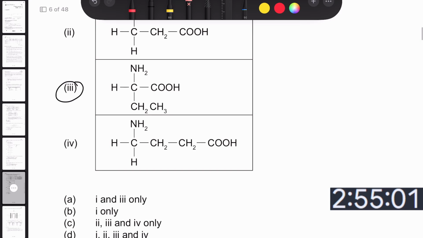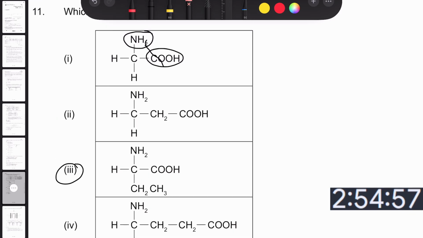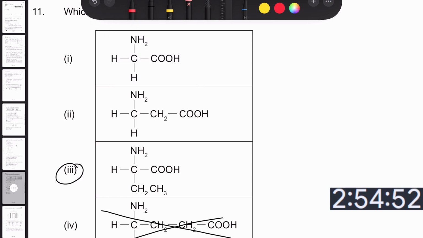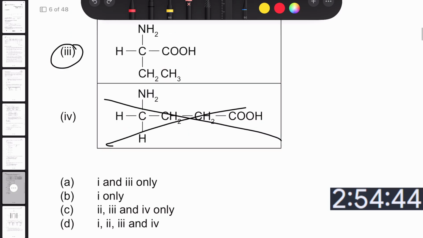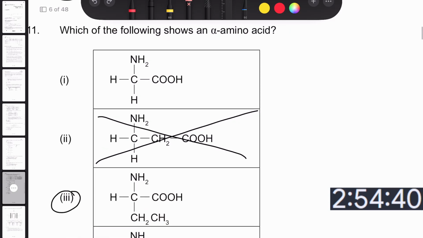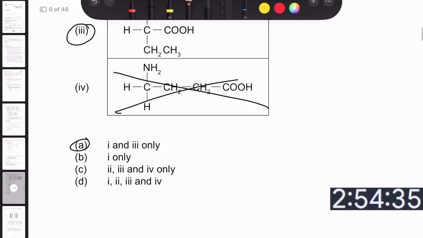Oh wait. Okay, so it's definitely not 4, and it's definitely not 2, because these are coming off not the same carbon. Is it 1? Is there a 3 only? There's no 3 only, so I guess one of those are 1. So we'll say 1 and 3 only.